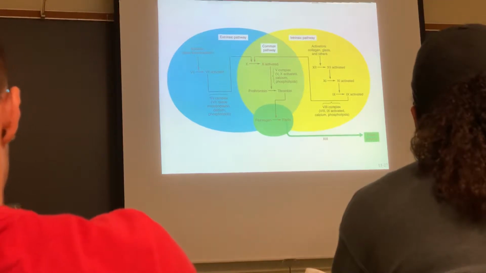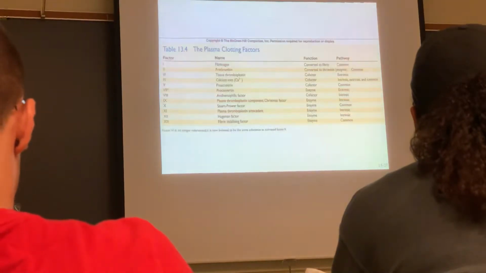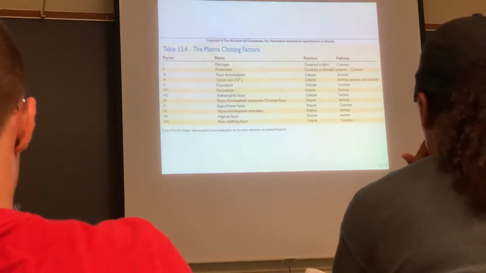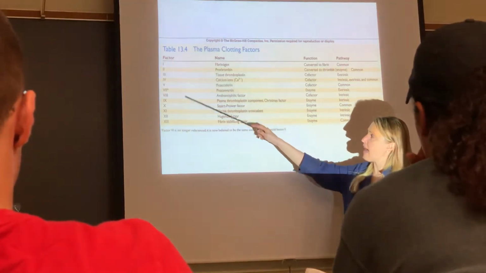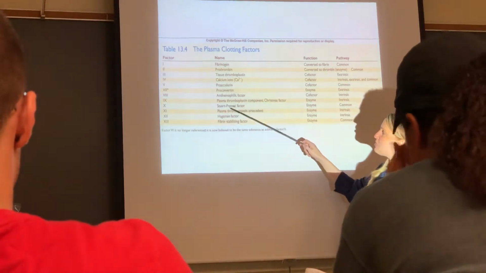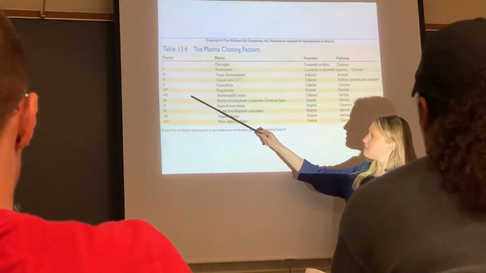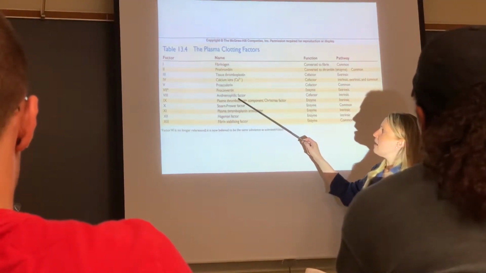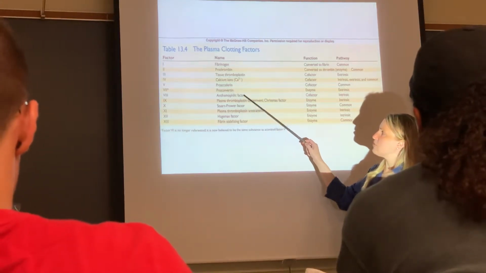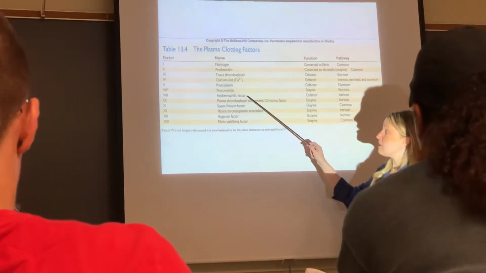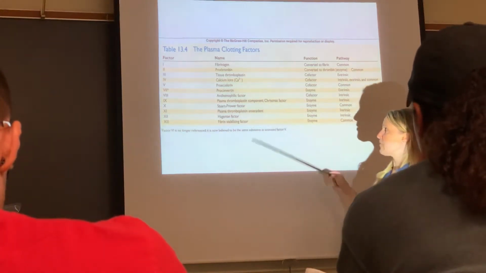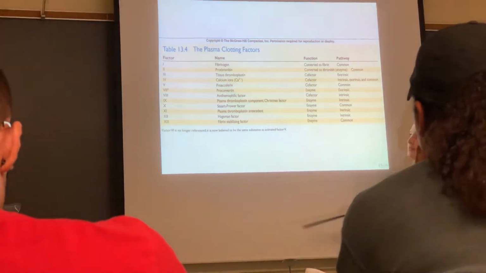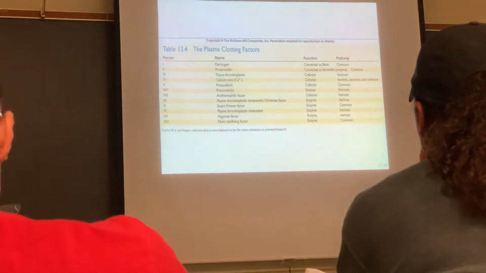Okay, so now, as I mentioned before, there's a nice table here that just shows us all of these different clotting factors. And I mentioned factor 8 and factor 9. Factor 8 is known as anti-hemophiliac factor, and clotting factor 9 is known as Christmas factor, because I think he discovered it.